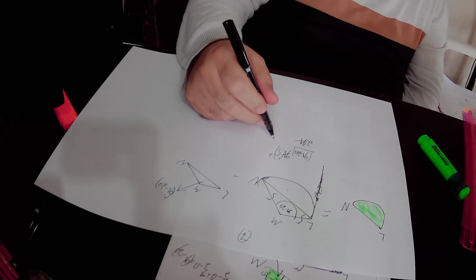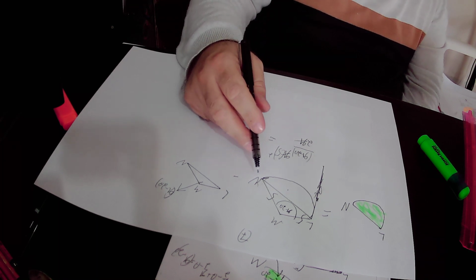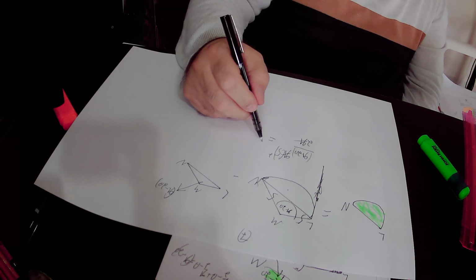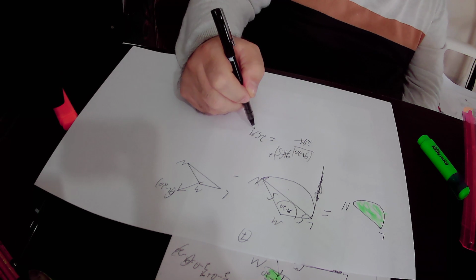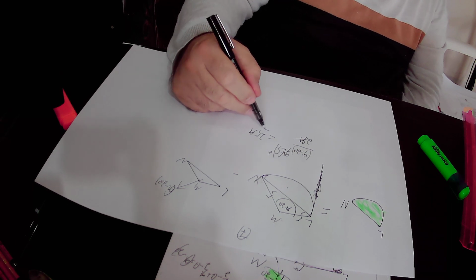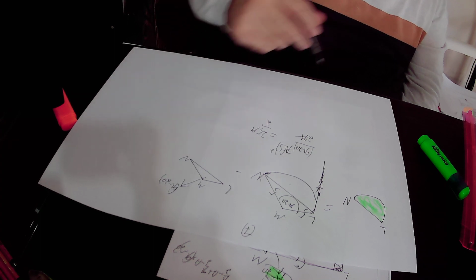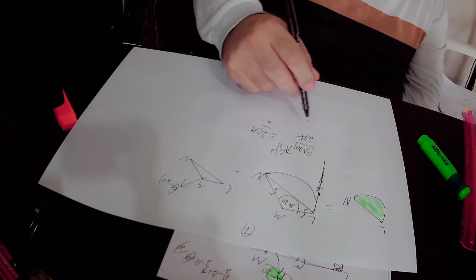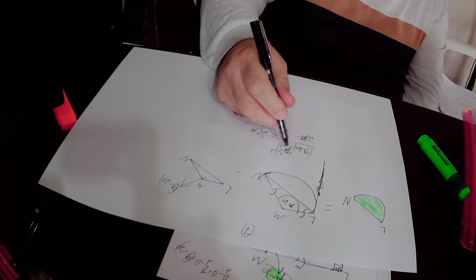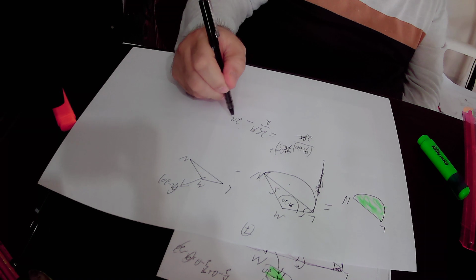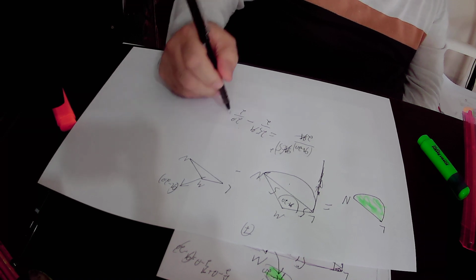Now we open the brackets and we get that the area of sector LMN equals 25 pi over 2 minus 2 theta over 2 times 25.